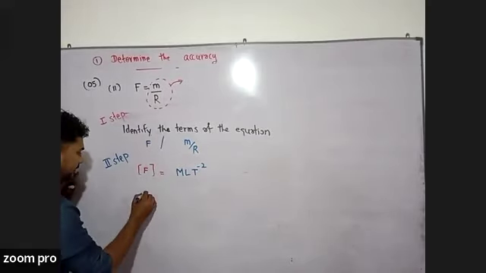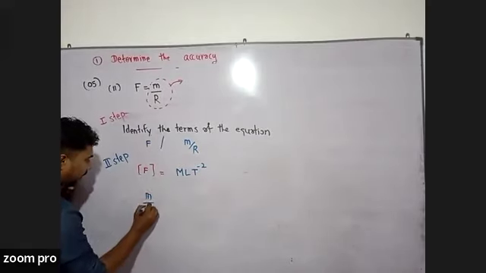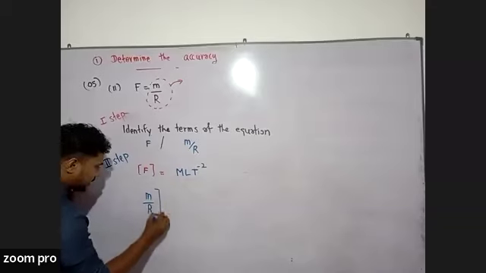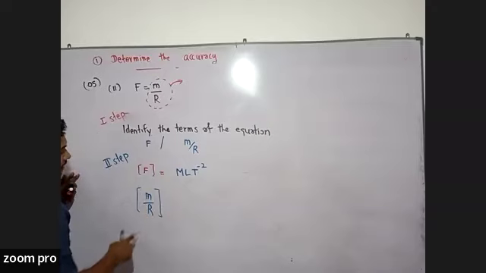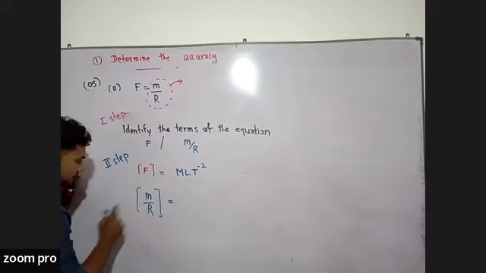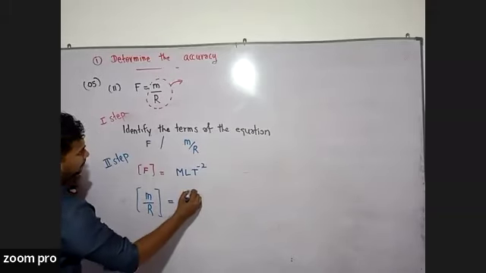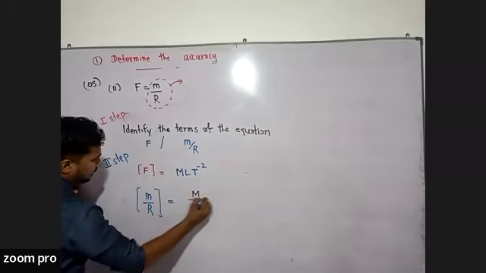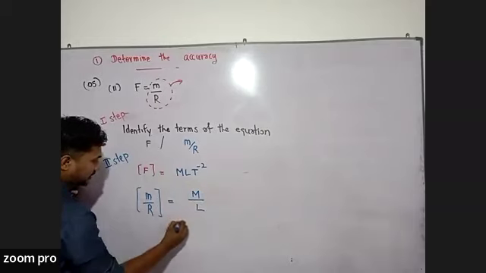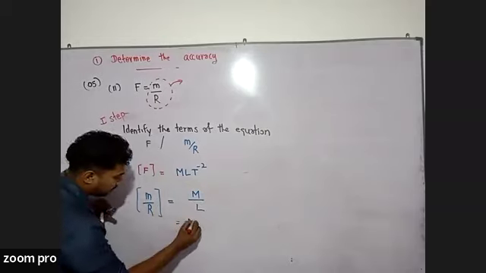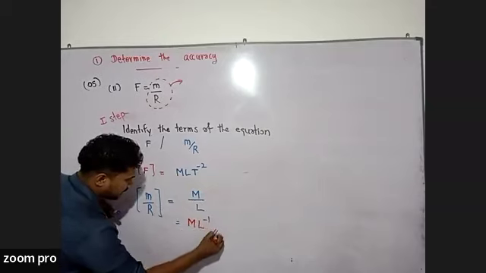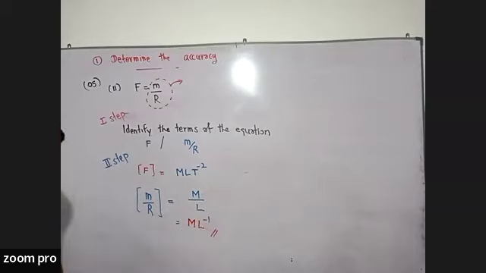Then let's move on to the other one, that is M over R. We represent the dimensions by putting square brackets. The dimensions of M over R: M means mass, that is capital M, R means L, because it is a length. So the dimensions of M over R is ML^-1.